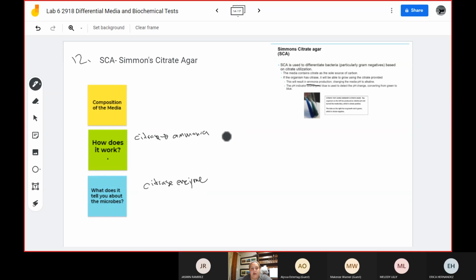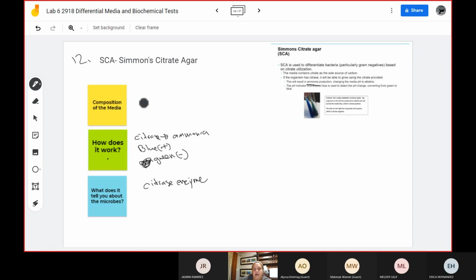And this will cause an alkaline pH. So a blue color would be positive, and a green color would be negative. Apologies to anybody who's colorblind, but these are the colors that come out of a citrate agar test, blue or green.